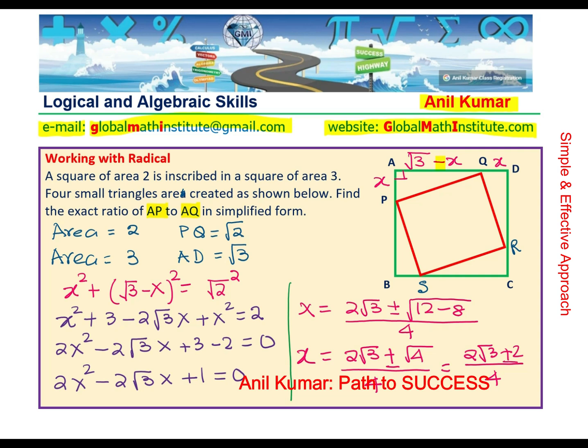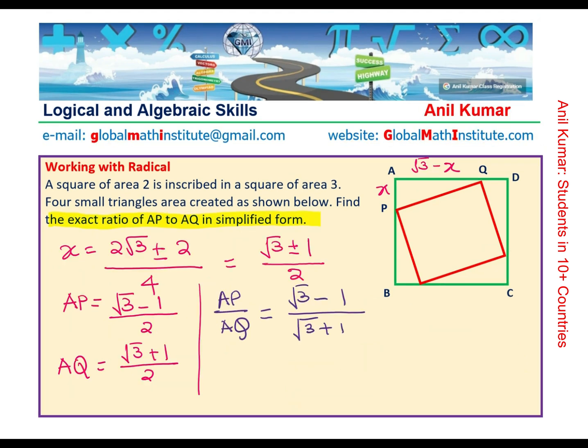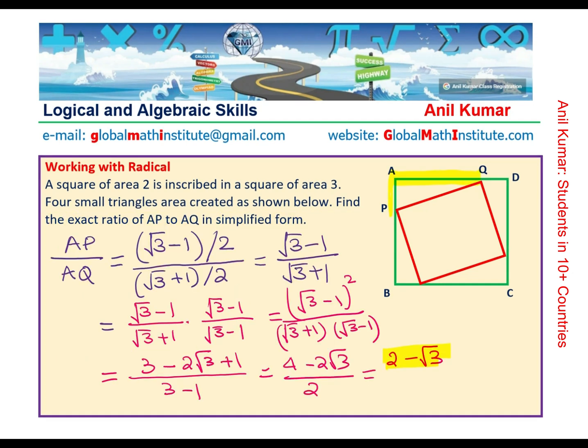So plus and minus gives you two values directly. Therefore, we did not really subtract one from the other. We got the two values directly. And when you take the ratio, the 2 cancels, and we get square root 3 minus 1 over square root 3 plus 1. You need to rationalize so that it could be written in the simplified form, and that becomes your answer.